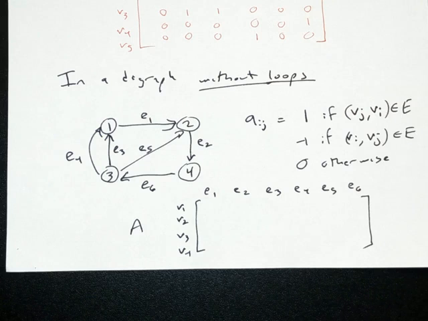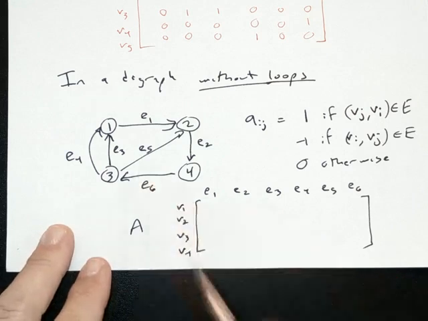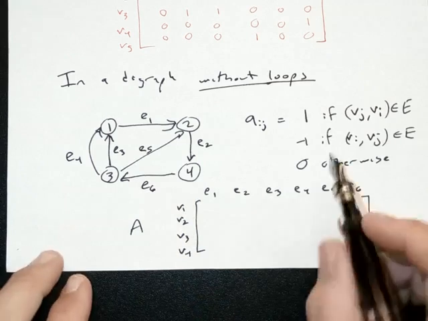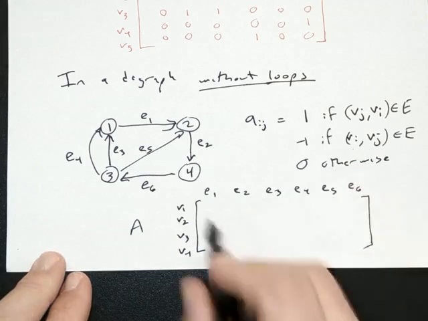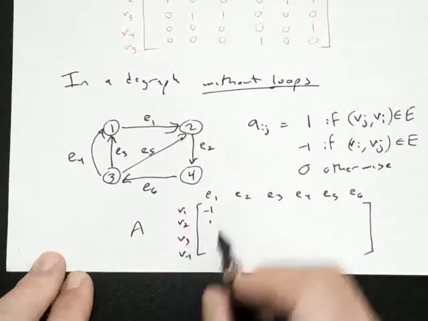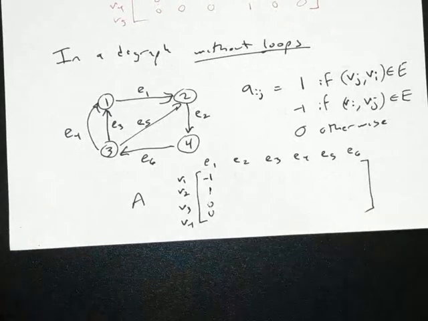Edge 3, out of 3 into 1. Edge 4 also out of 3 into 1. Edge 5, out of 3 into 2. And edge 6, out of 4 into 3.